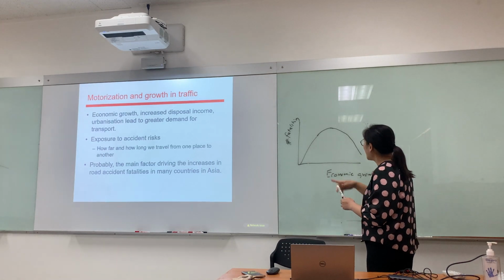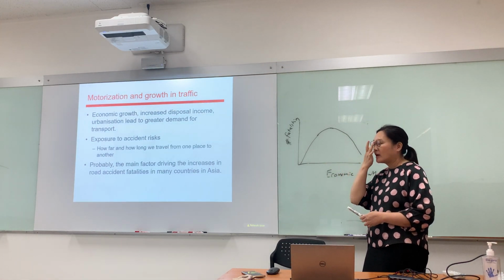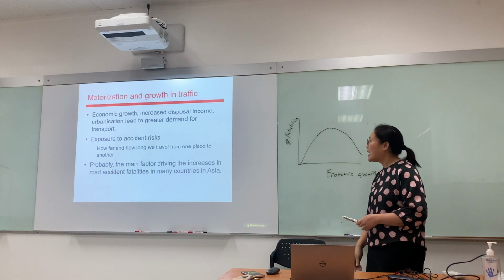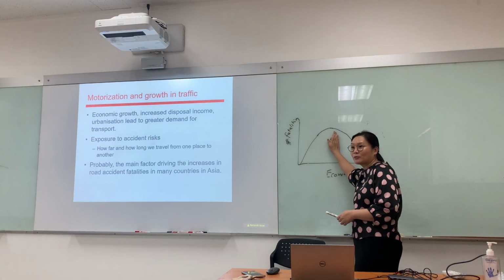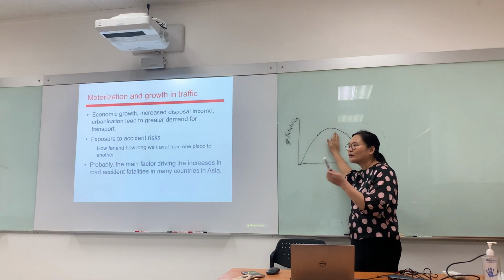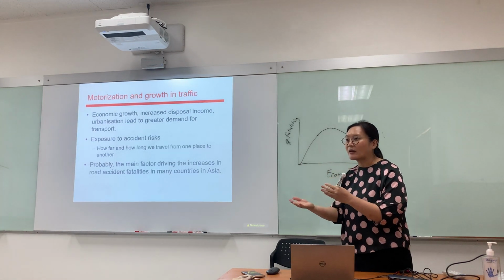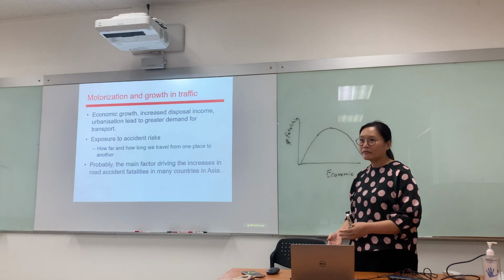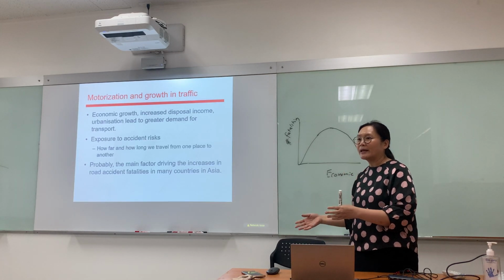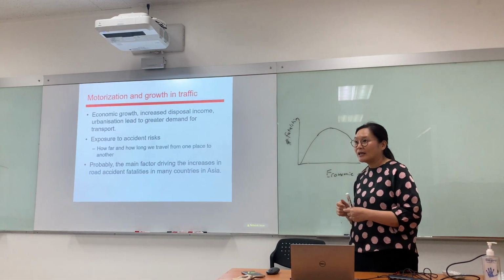So it's going to be more like a bell shape curve, like in Japan. I would say that Japan already passed this point, right? Your country suffered from the second world war, but there was one period when you suffered from a third world war, which is the traffic accident in Japan.